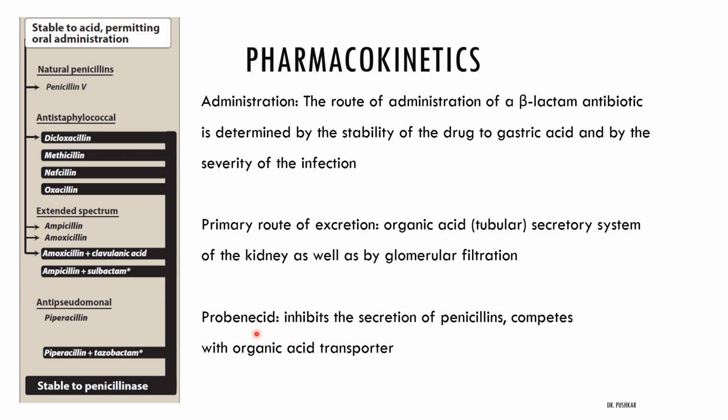This probenecid drug inhibits the secretion of penicillins, so it may increase the concentration of penicillins in the blood. So it is one very important point to remember. This star mark: piperacillin plus tazobactam and ampicillin plus sulbactam are available as parenteral preparations.